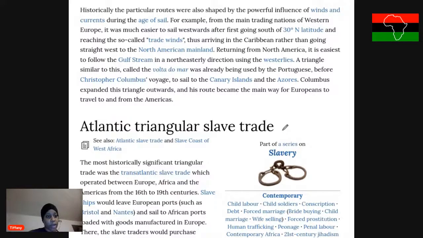Columbus expanded this triangle outwards, and his route became the main way for Europeans to travel to and from the Americas. So, I'm trying to figure out, speaking of Columbus, right? Why are we really celebrating Columbus Day here in America? I mean, why are people celebrating Columbus Day? What was so significant about him?